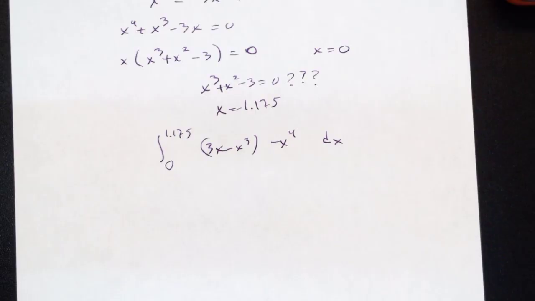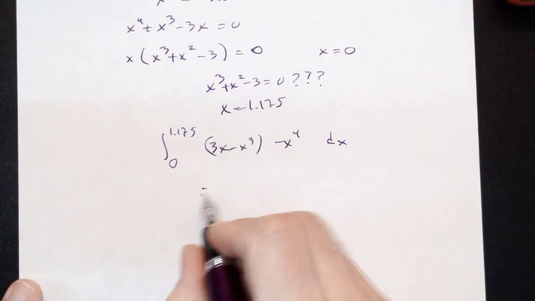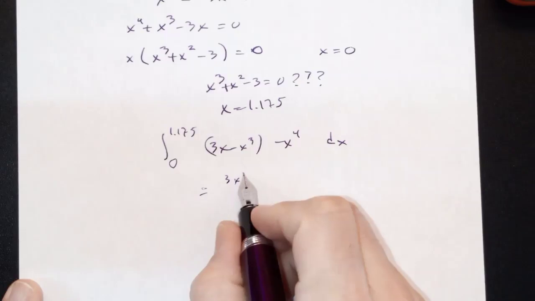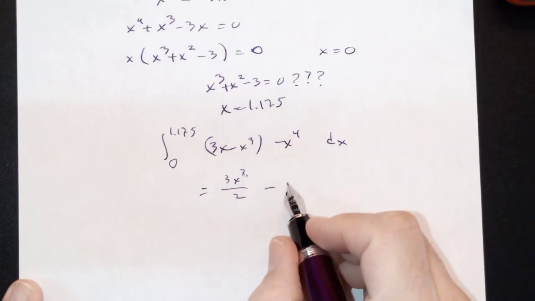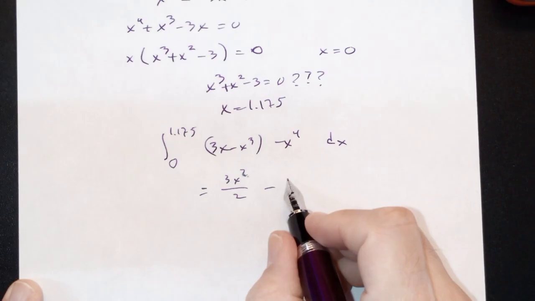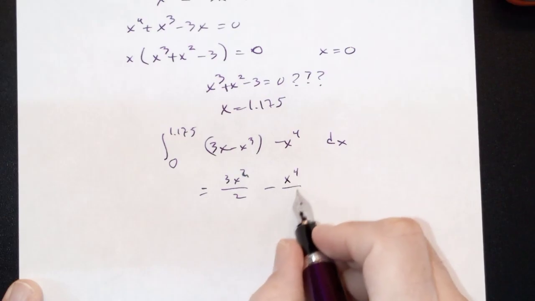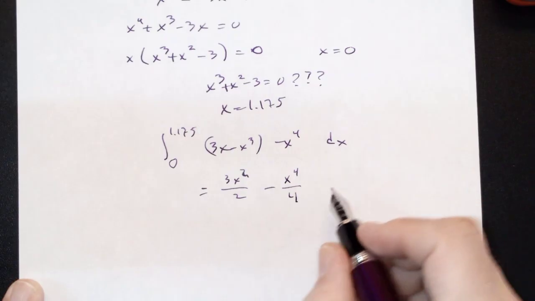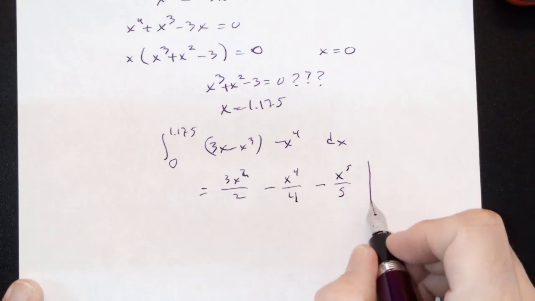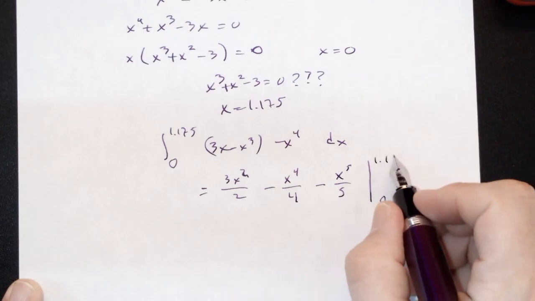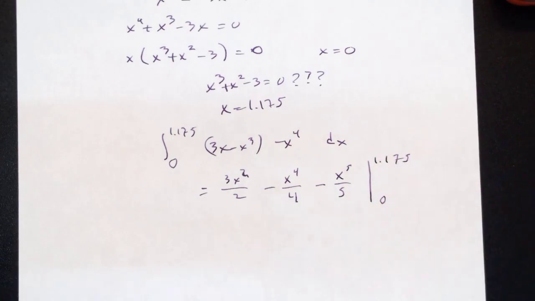Antiderivative of 3x. Antiderivative of x cubed. And the antiderivative of x to the fourth. And I'm evaluating between these two numbers. This time when I put in 0, I get 0 and 0 and 0. So I'm okay with that part.